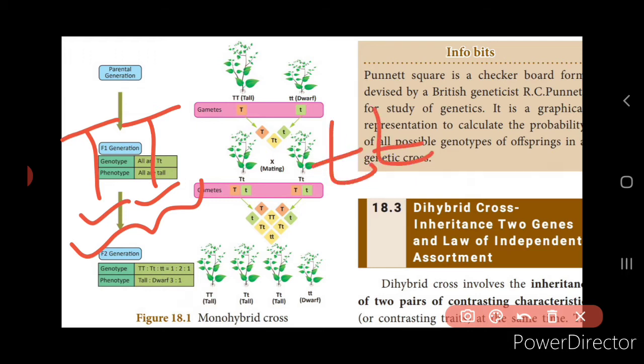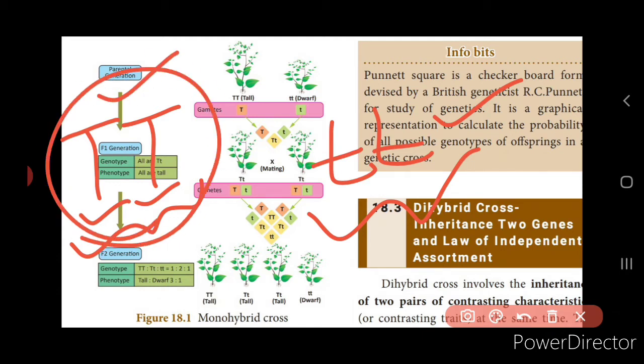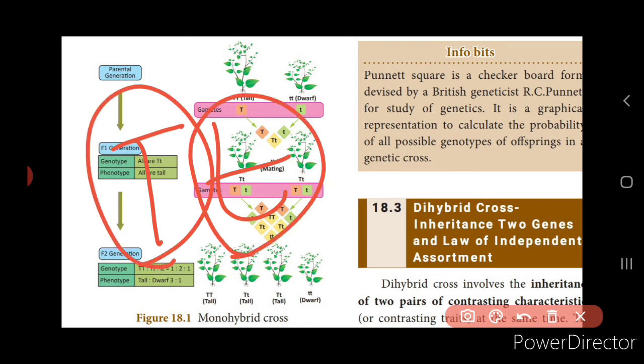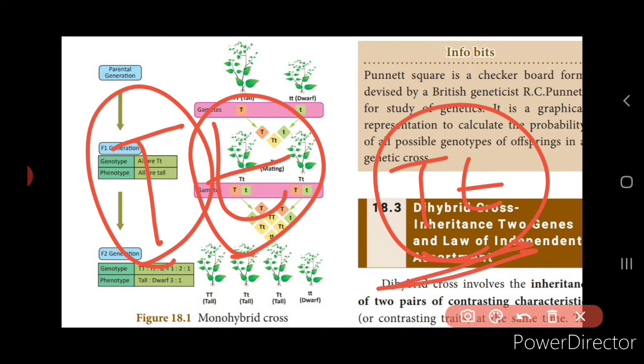Even if the recessive characters are brought together, it is also called homozygous, but it is dwarf homozygous, and this is tall homozygous, because here both dominant characters are brought together, and here the dwarf, that is the recessive character, is brought together. Now what is heterozygous? Heterozygous is when they are unlike, right? So one dominant character and one recessive character brought together is called heterozygous. So this is a combination of a dominant and a recessive character.